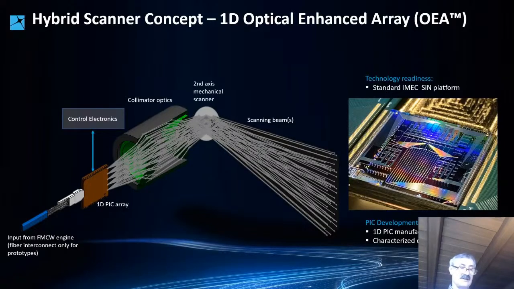Additionally, one recognizes very fast that the OEA is not only a scanning principle, but also a key for massive parallelization of the measurement process, enabling ultra-fast pixel rate, which is limited only by data processing speed, but not by the scanner. On the right side, you see a picture of our OEA photonic integrated circuit fabricated by IMEC for us. The chip provides 256 switchable apertures and is used in our prototype.